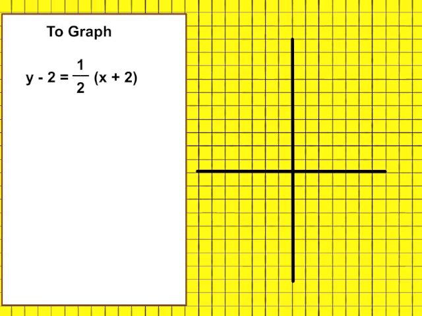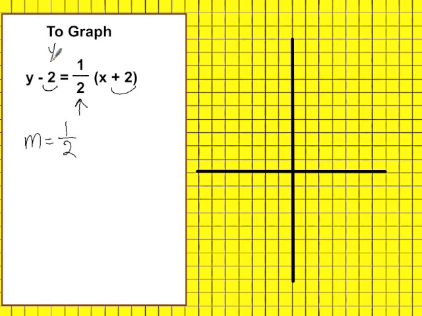Lastly, to graph, it's also quite easy to use. We don't have to worry about too much. I know you're probably groaning that we have to graph, but we're not going to spend too much time graphing point-slope. Looking at our point-slope equation, we know that this is our slope, so we have an m of 1/2. We know that we have two points here.